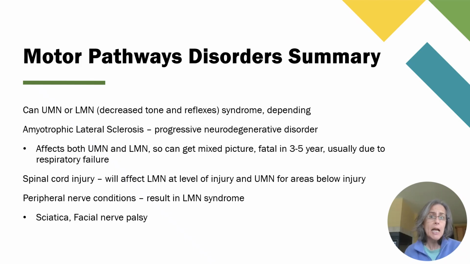And then lastly, peripheral nerve conditions, whether it's a spinal nerve or a facial nerve, that's going to be a lower motor neuron syndrome because those nerves are carrying the axons of the lower motor neuron, either coming from the brainstem or from the spinal cord. So two examples that we talked about previously were both sciatica and facial nerve palsy, and so you will have paralysis with decreased tone.